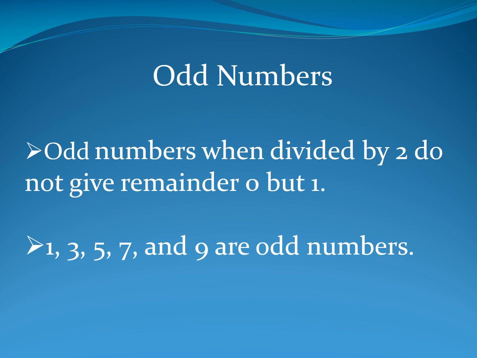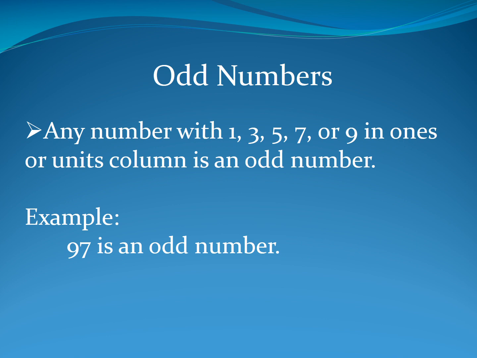Odd numbers, on the contrary, when divided by 2, do not give remainder 0 but 1. It means that odd numbers are not completely divisible by 2. 1, 3, 5, 7, and 9 are all odd numbers.